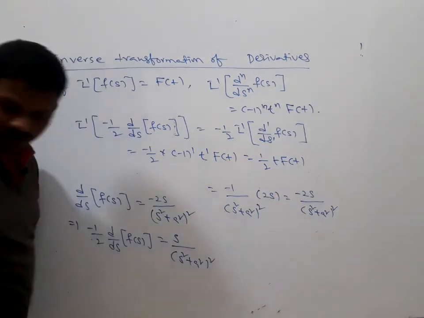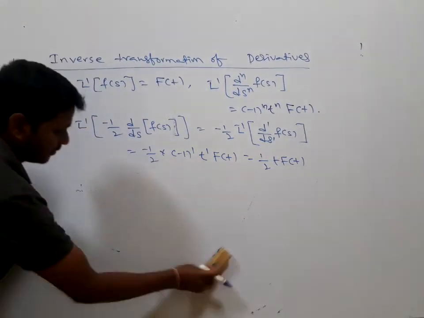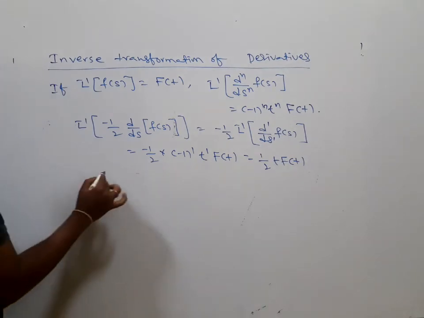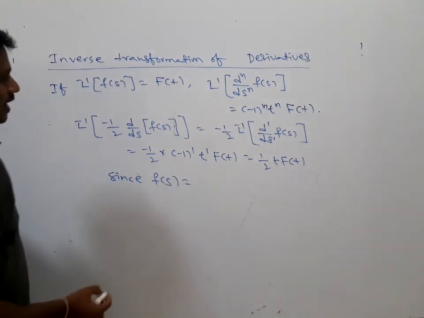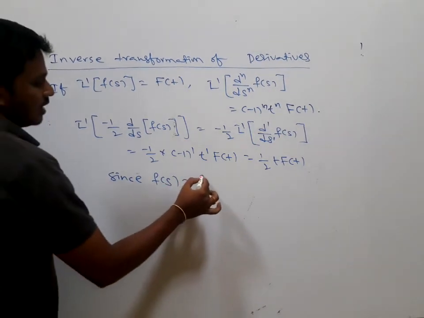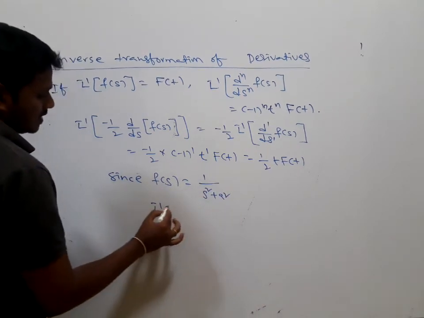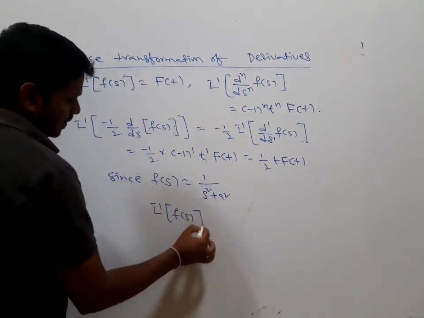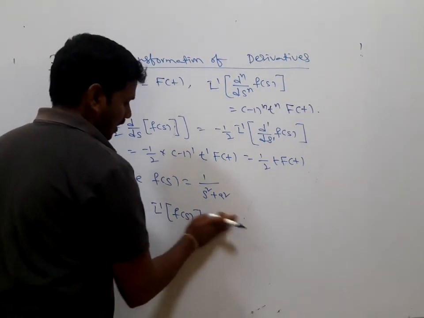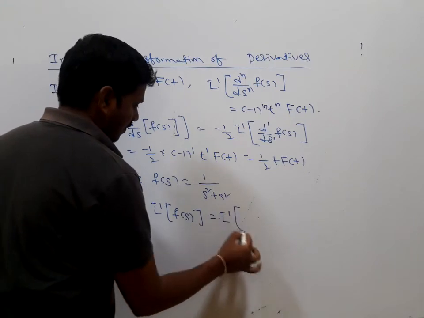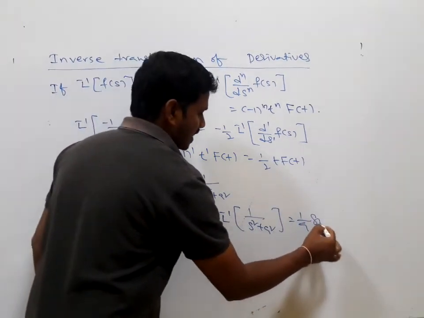How can we get the f of t? We take the f of s, no? Since f of s is equal to what I have taken, 1 divided by s square plus a square, L inverse of f of s is equal to L inverse of 1 divided by s square plus a square, which is the same as 1 by a sin at.